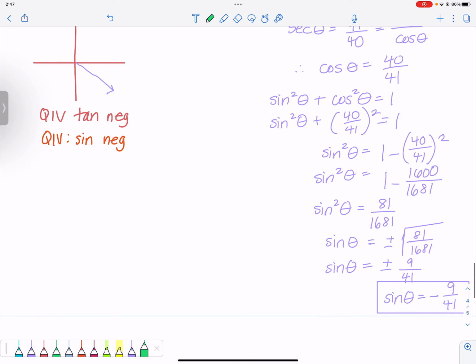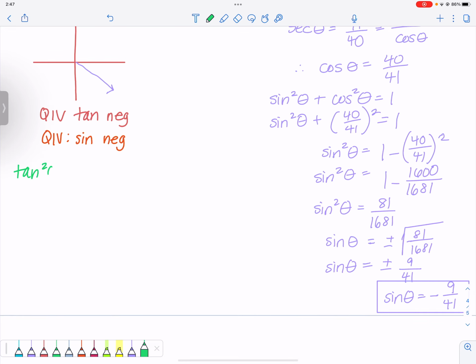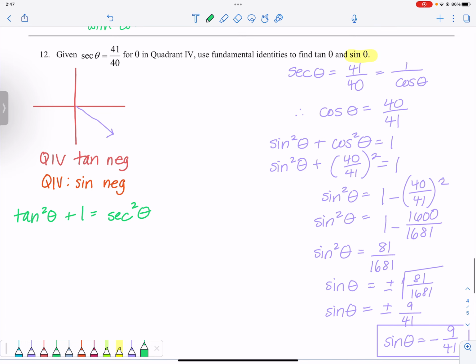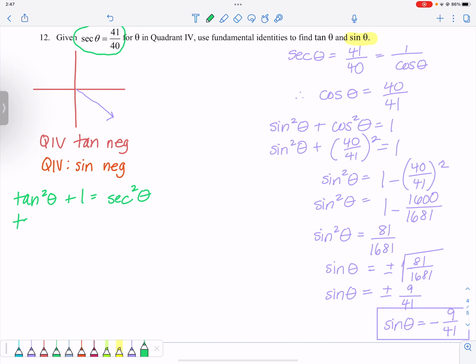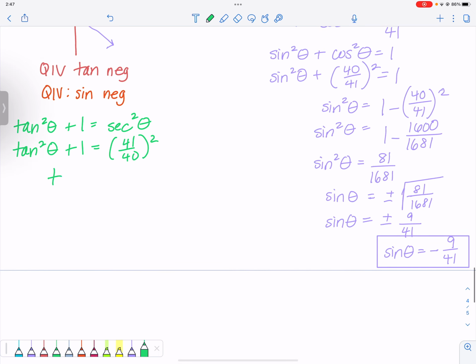We know that the tan squared of theta plus 1 is equal to the secant squared of theta, and that's what they gave us. They gave us that the secant was 41 over 40, so we now know that this is 41 over 40 all squared, and we can subtract 1 from both sides.